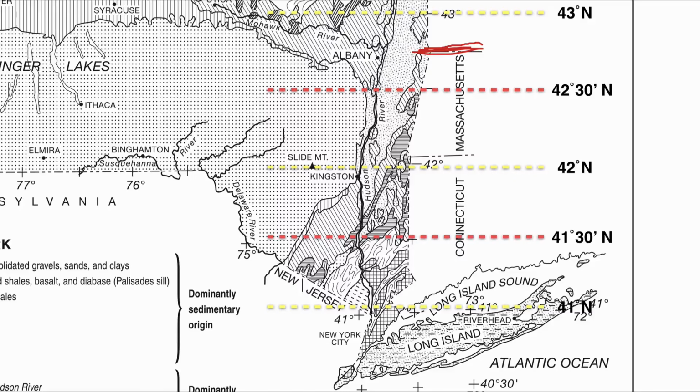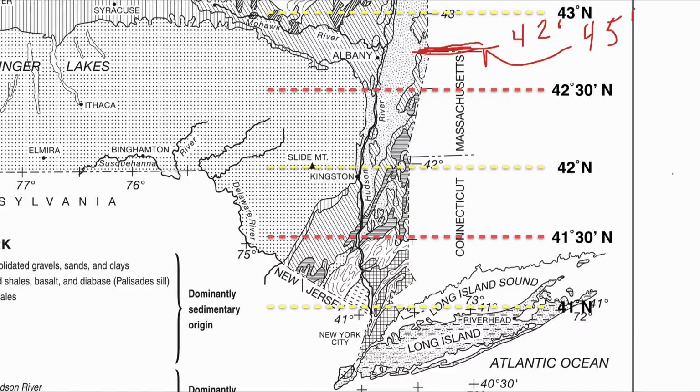It looks like it's halfway between 42 degrees, 30 minutes, and 43. And what's halfway between 30 and 60? It would be about 45. So the best answer here would be something like 42 degrees and 45 minutes. And that would be an approximation of the latitude of that location.